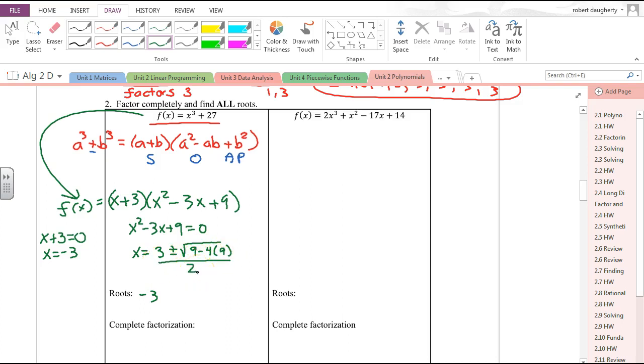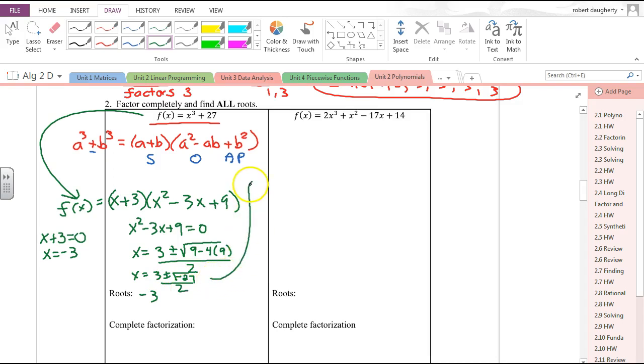So that's negative b plus or minus the square root of b squared minus 4ac. So this is x equals 3 plus or minus the square root of 9 minus 36, so that is negative 27, square root of negative 27, all of that over 2.